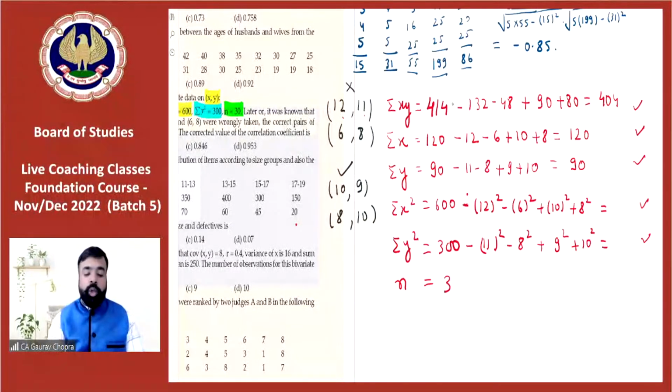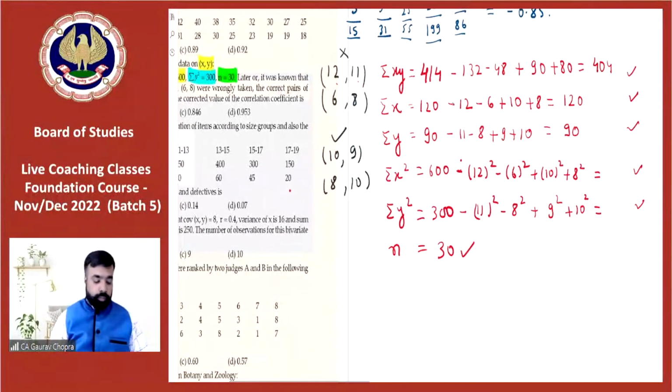N is already 30. Now you can use all these correct figures and find out the correlation coefficient. Try it now and solve, find which is the correct answer.